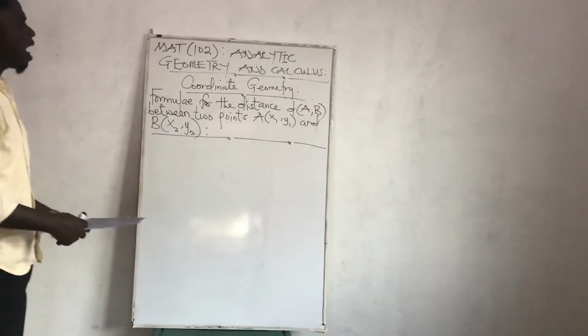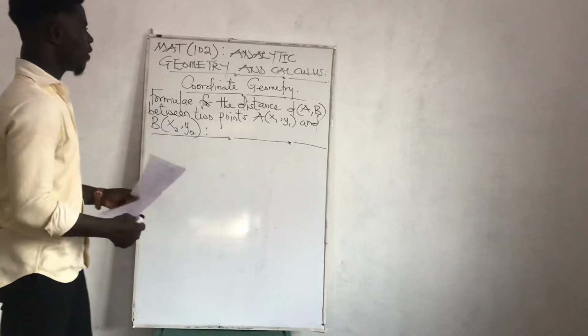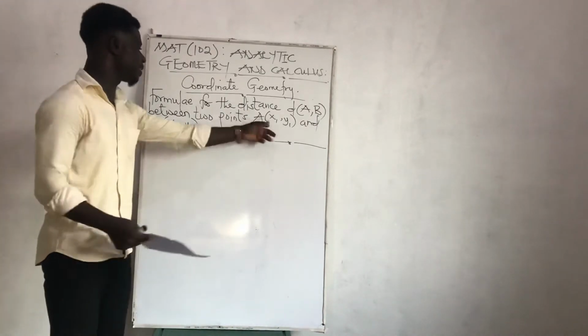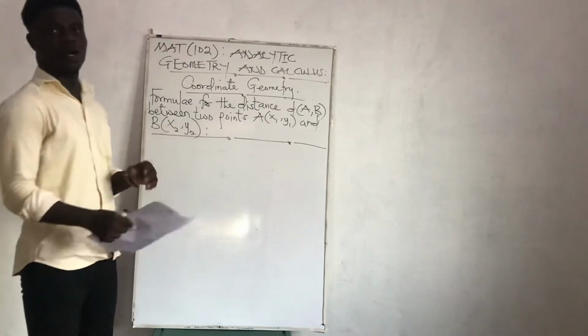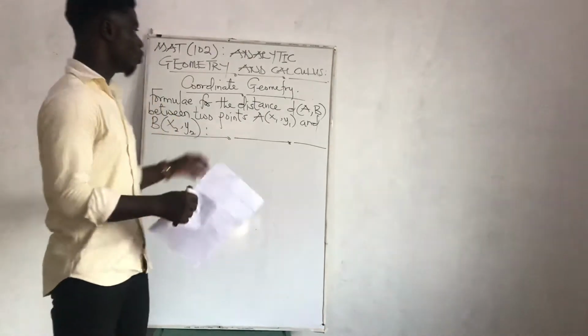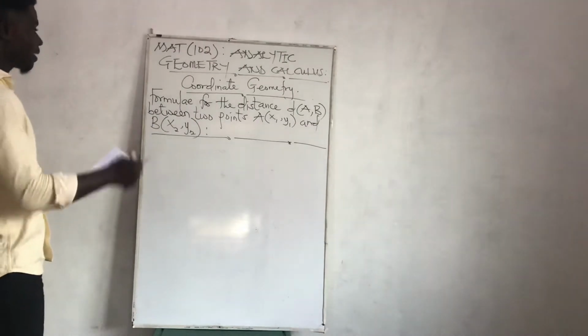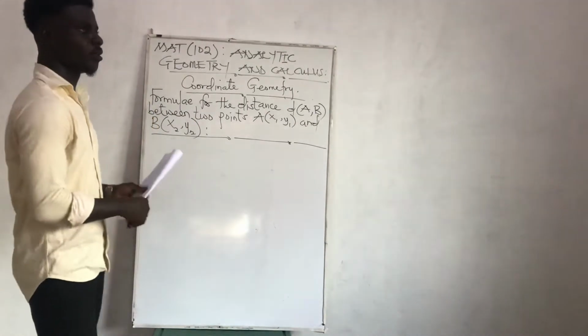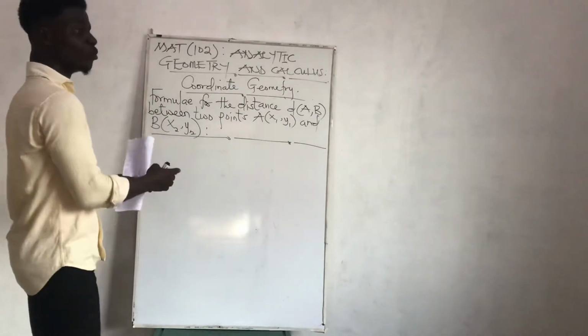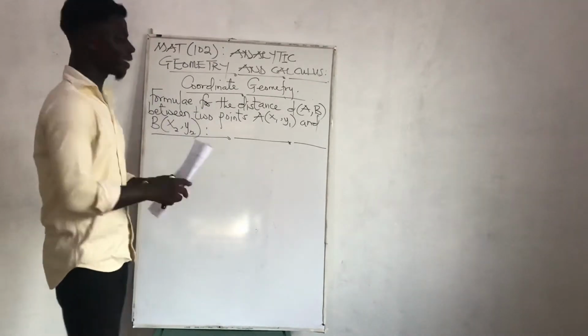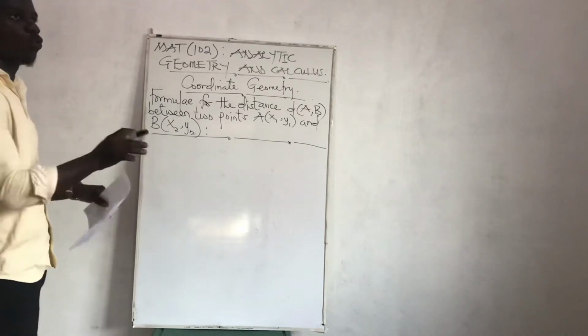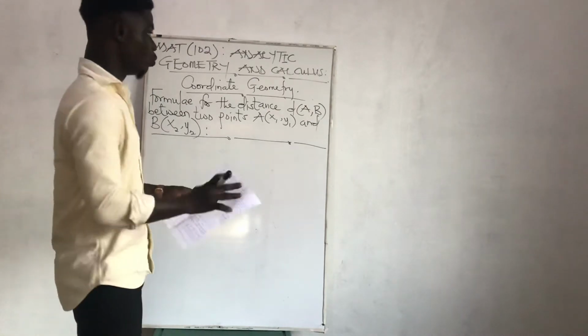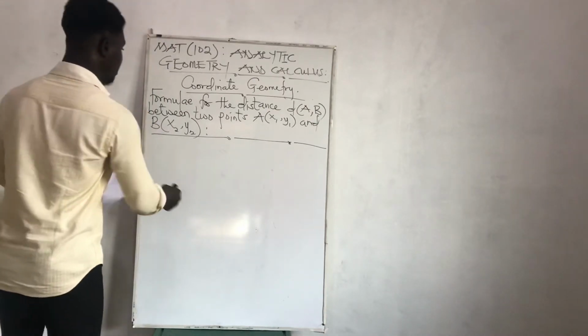How can we find the distance between these 2 points? Now let's see how we can derive the distance formula from the OXY plane. We are dealing with a two-dimensional plane.